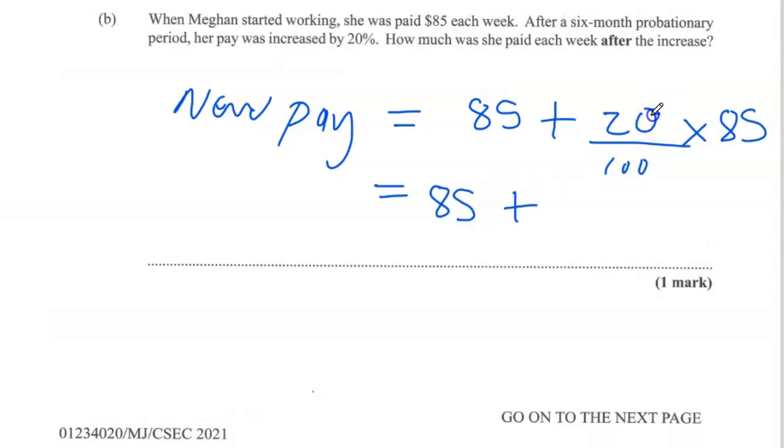That's 20 into 100, that's 1 in 5. So of course 1 fifth of 85 is 17. So 85 plus 17, that's $102. So Megan's new salary would have been $102 after the increase.